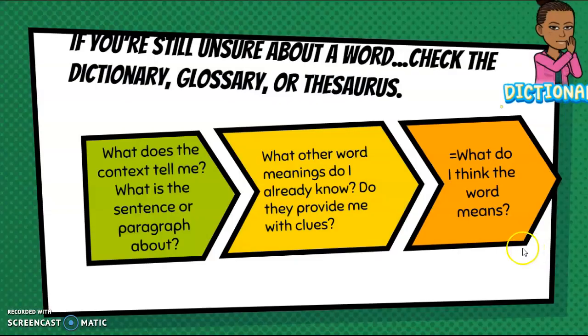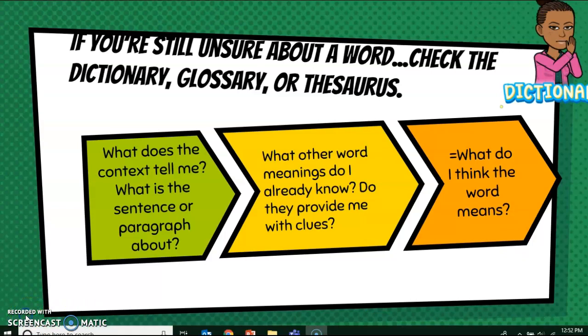Okay? But if you're still unsure about a word, check the dictionary, the glossary, or the thesaurus. Each one of you has been supplied a dictionary and/or thesaurus. So, when you are trying to arrive at what you think the word means, you want to ask yourself, what does the context tell me?